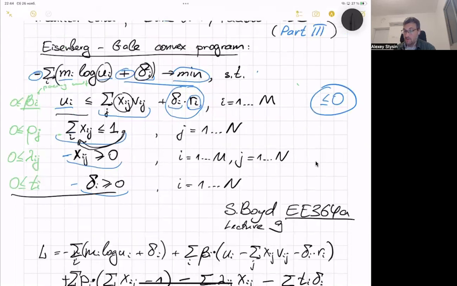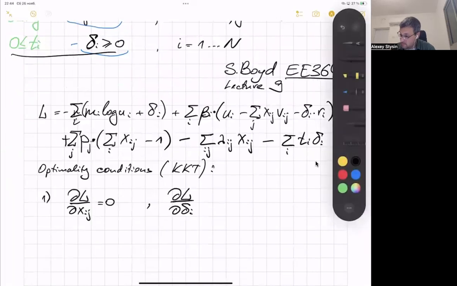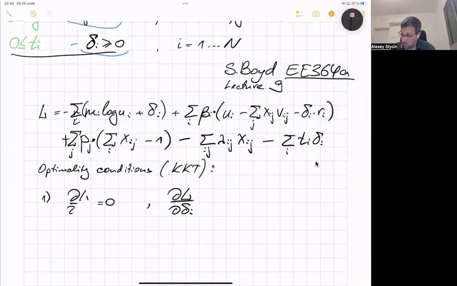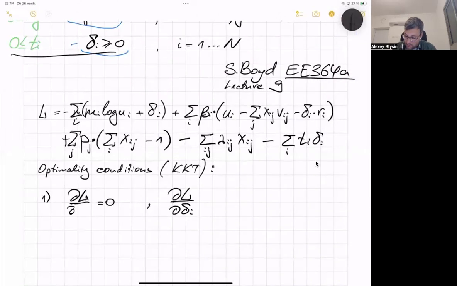Also ui is considered a primal variable. We could have substituted here, but it's a little bit easier to do it like this. So we don't actually need to do the derivative over xij's. We will do the derivative over ui. Actually, we will need the derivative over ui. This is equal to 0.